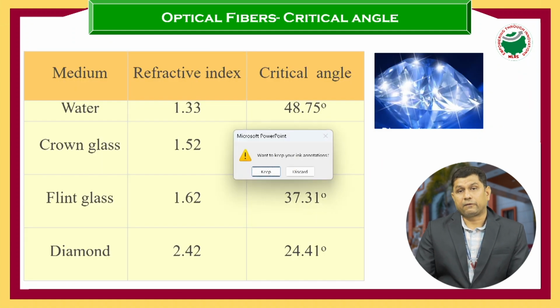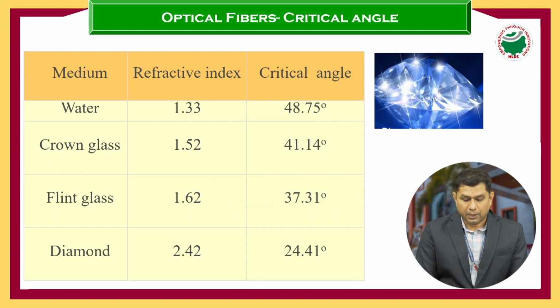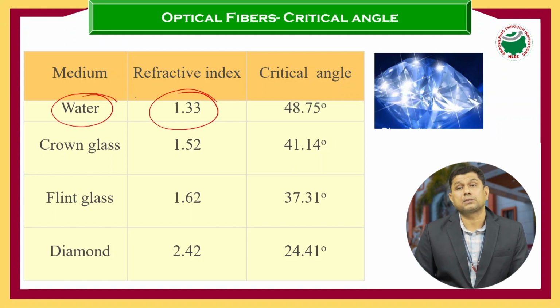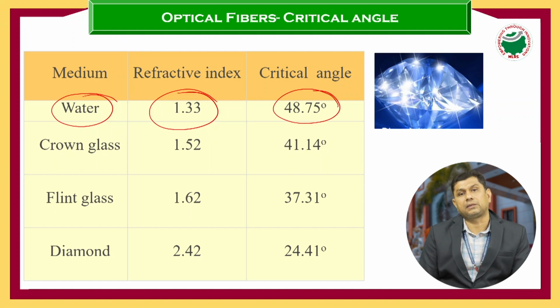Here in the optical fiber, we have different materials. Different materials have different refractive indices. If you consider water, I told you the refractive index is 1.33. Water to air, the critical angle is approximately 48.75, sin inverse of 1 by 1.33.